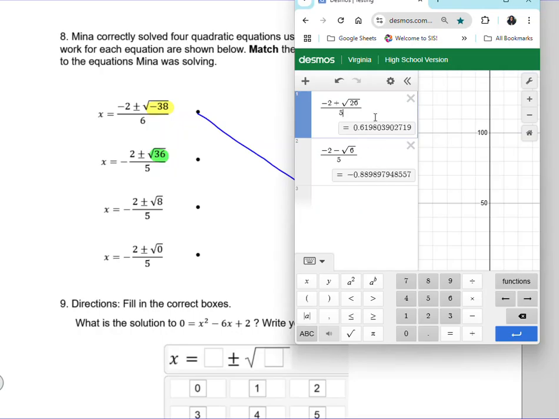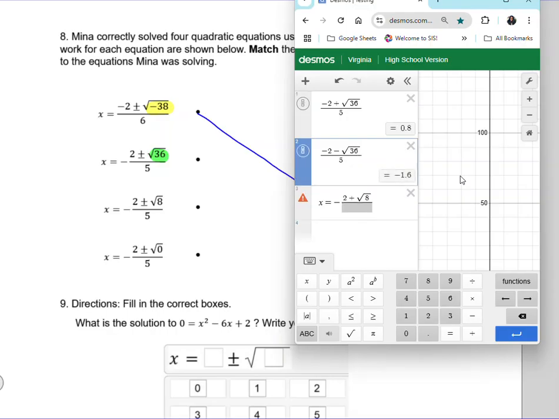These two look like irrational solutions, but let me show you answer choice C and show you the difference. So let me just plug it in. -2 plus square root of 8 over, oh, my bad. What am I doing? This is supposed to be 36. There. So these two are rational solutions because the decimals are just nice and clean.